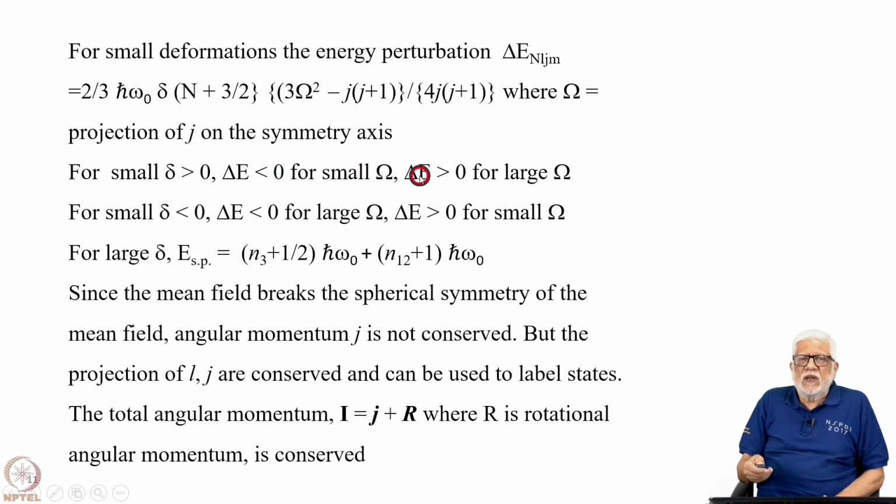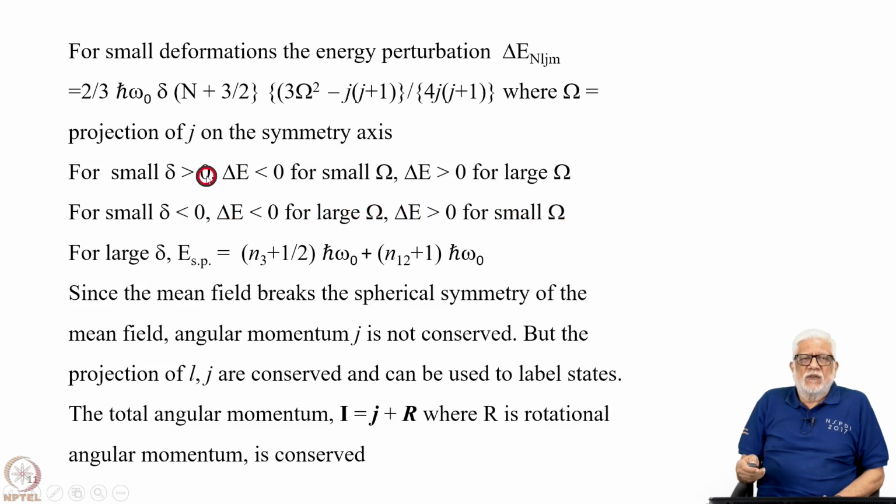So, delta E is negative for large omega, and delta E is positive for small omega. For delta less than 0, it is just the reverse.